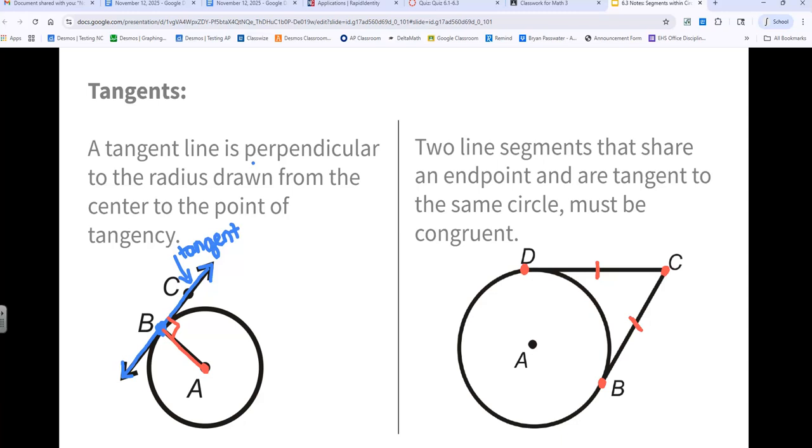Those have to be equal to each other. Okay, questions?